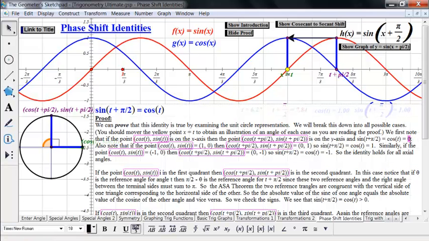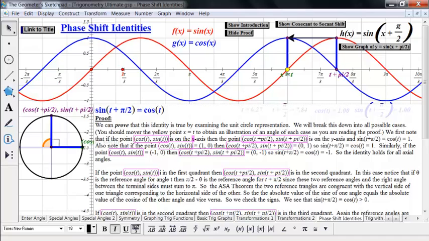And so the cosine of that angle is 1, and the sine of pi plus t, well, where's pi plus t? Well, if you're on the positive part of the x-axis, it ends up here on the positive part of the y-axis.